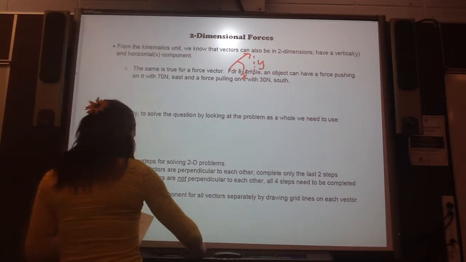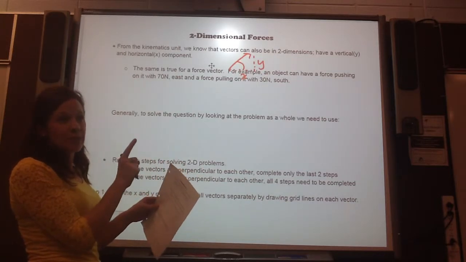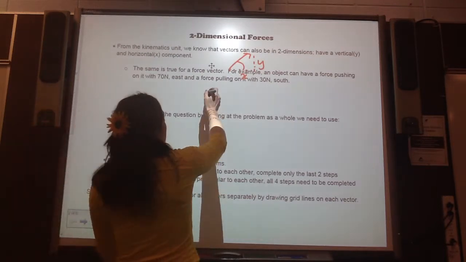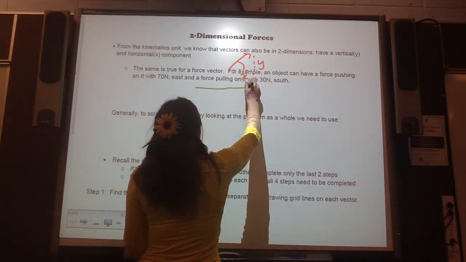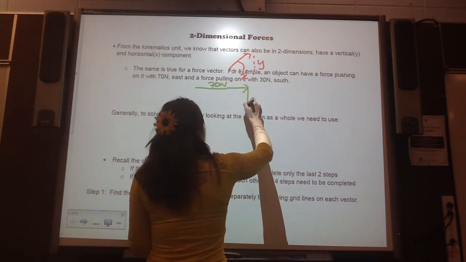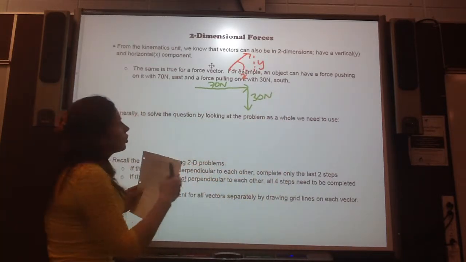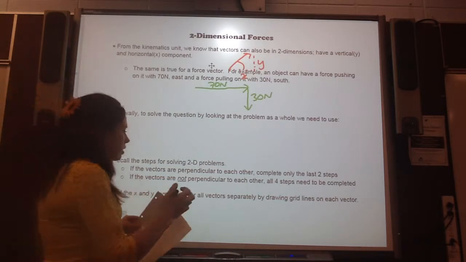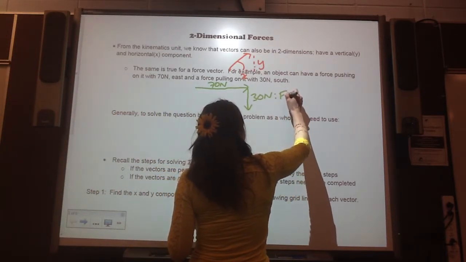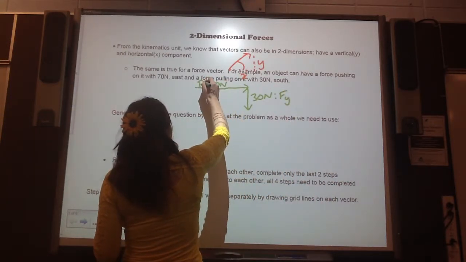So if we were to draw this, just like kinematics, we draw tip to tail. So the tip of the one arrow should be on the tail of the other arrow. Say we have 70 newtons east and 30 newtons south. Those are 2 forces. This is Fy, and this is Fx.